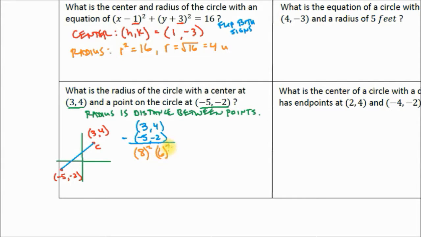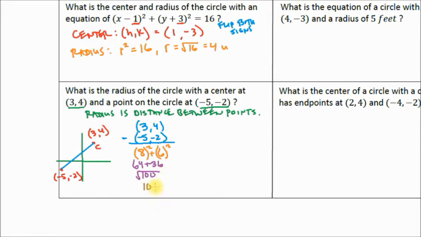We do the same with this number, and these two numbers are going to end up being added together. So this is 64 plus 36, which is 100. And the last part of the shortcut is we square root that. And the square root of 100 is 10.